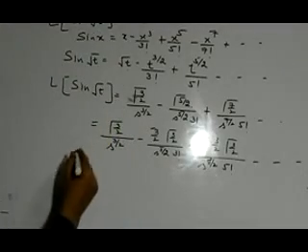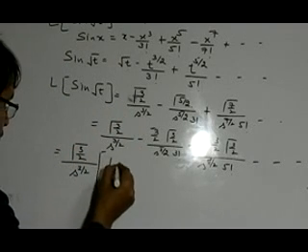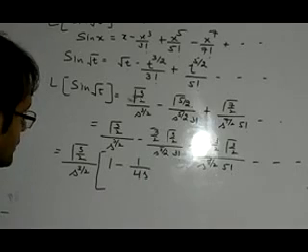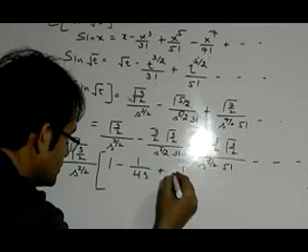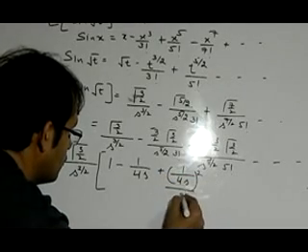I can take gamma 3 by 2 upon s to the power 3 by 2 common. Then it will be 1 minus 1 by 4s plus 1 by 4s square by 2 factorial.